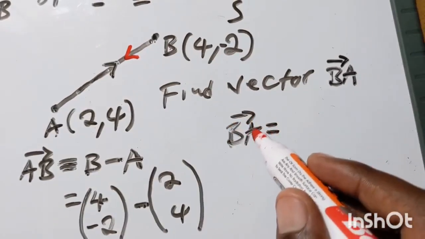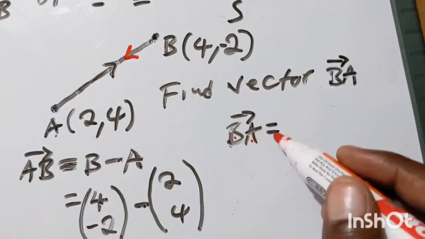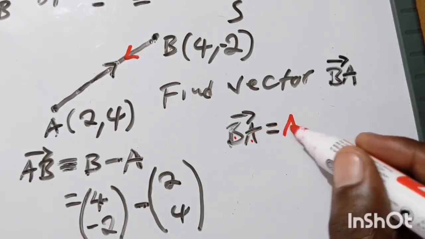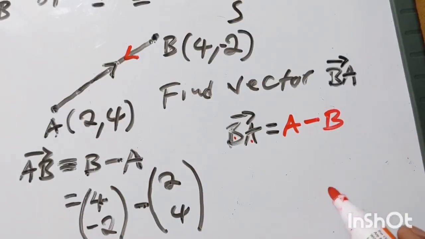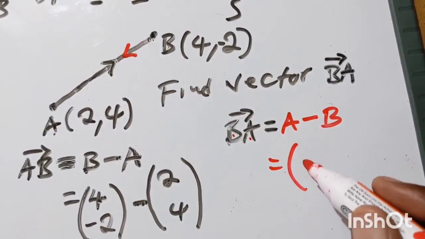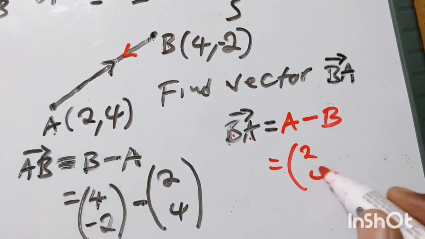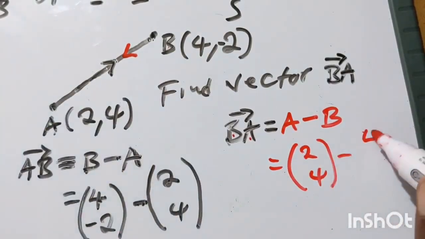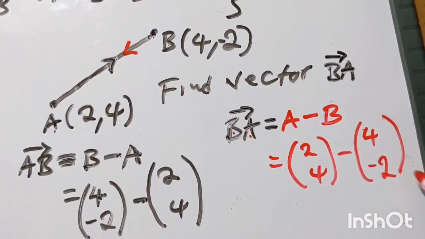We start with the point where it is ending, A minus B, like that. So it's equal to, what is point A? Point A is this one, which is 2, 4, minus point B, which is 4, negative 2, like that. As simple as that.